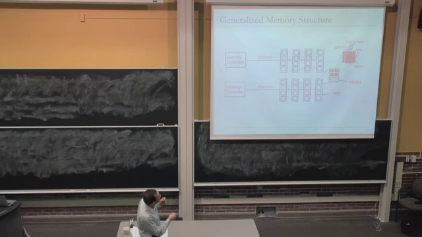Each DRAM chip has multiple banks. Sorry, I forgot that. And each bank has this two-dimensional structure, columns and rows. And a cache line is essentially a number of these columns put together, right? So it's, I don't know, a 5-dimensional structure, right? You have channel, ranks, chips, banks, rows, and columns.